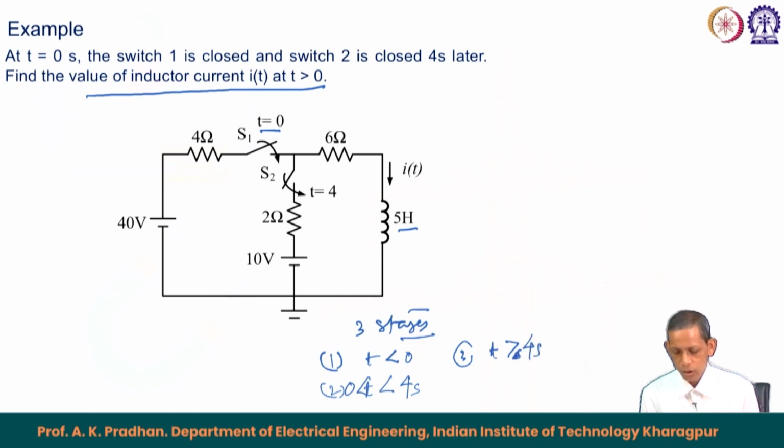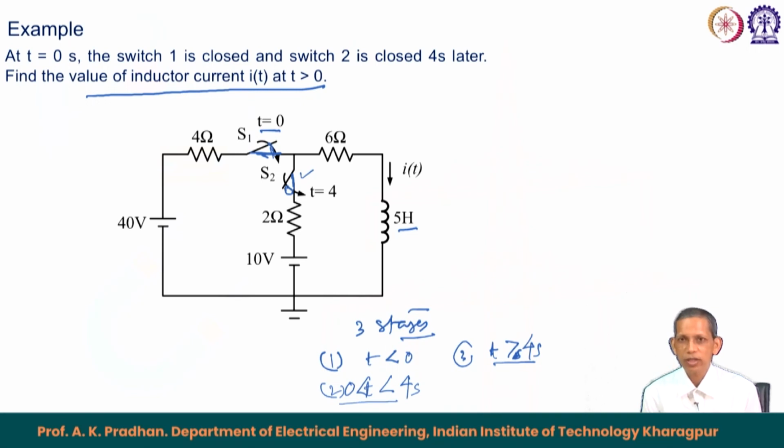After 4 second, both the switches will be closed, but between 0 and 4 second only one will be closed and the other will still be open, and before t equals 0 both will be open. That is the corresponding circuitry.